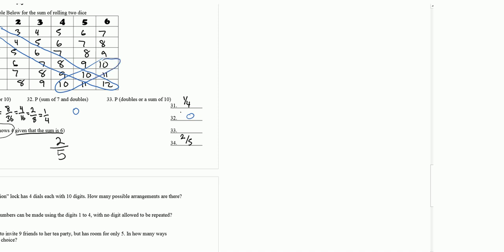I got 1, 2, 3, 4, 5, 6 doubles, plus 2 more that are not part of that. So 7, 8 out of the whole 36. Which is going to give us, if you cut that in half, 4 out of 18. Cut that in half again, you get 2 out of 9.